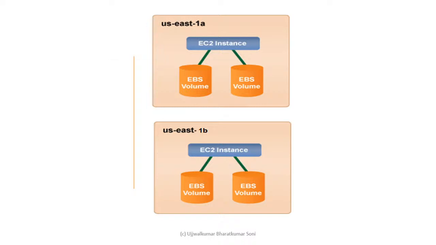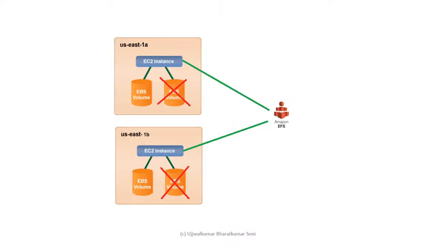Then we are going to store some test data into the data volume, and later on we'll integrate it with EFS. We'll move that data to EFS, and later on we'll delete the extra EBS volumes. And I will also show you what cost saving we are going to make after implementing this architecture.